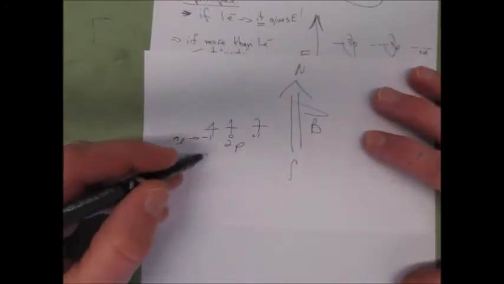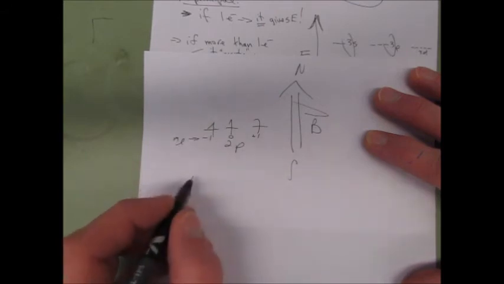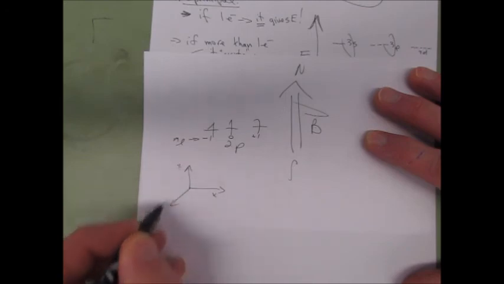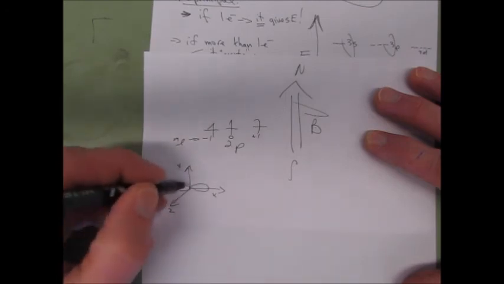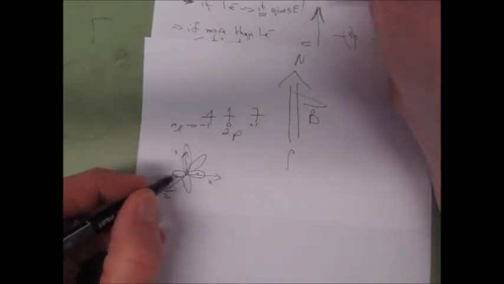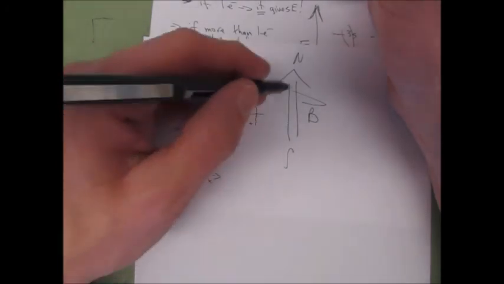Well, now each of these orbitals is 90 degrees to each other. So if I had this, X, Y, and Z, one p orbital is that way, one is this way, and the other is 90 degrees that way. And the thing about these orbitals is one lobe has a positive phase and the other has a negative phase. So take a wild guess what's going to happen to the energies of each of these three different orbitals when you stick it inside a magnetic field that has a direction of north and south.